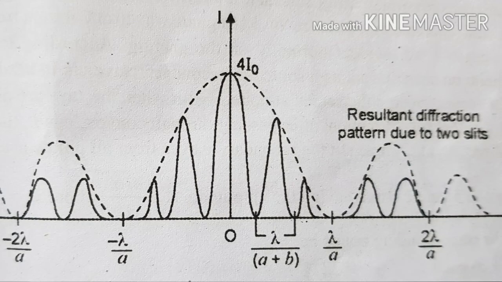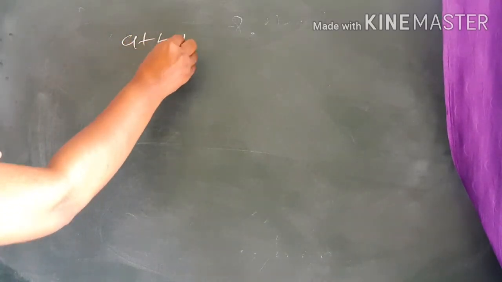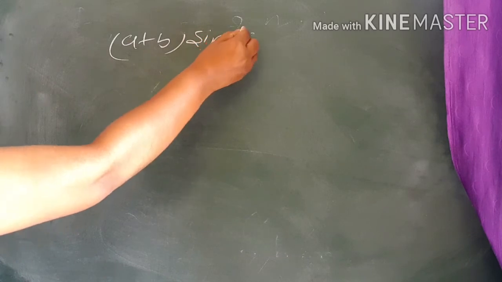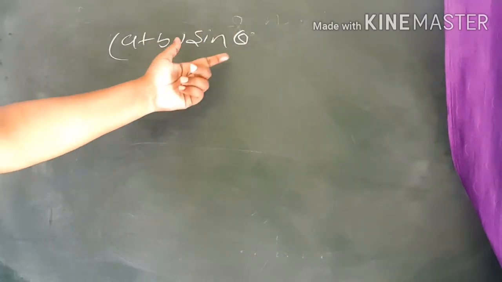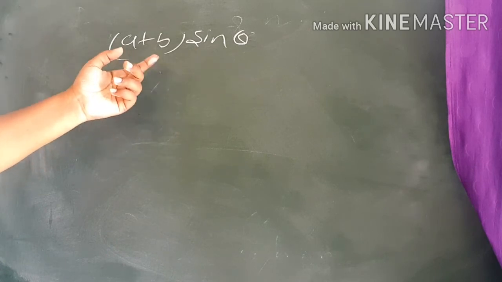Now the intensity distribution. The resultant intensity at any point Q due to interference of the secondary waves depends upon the path difference. Path difference is a plus b sine theta, for interfering rays coming from two corresponding points.